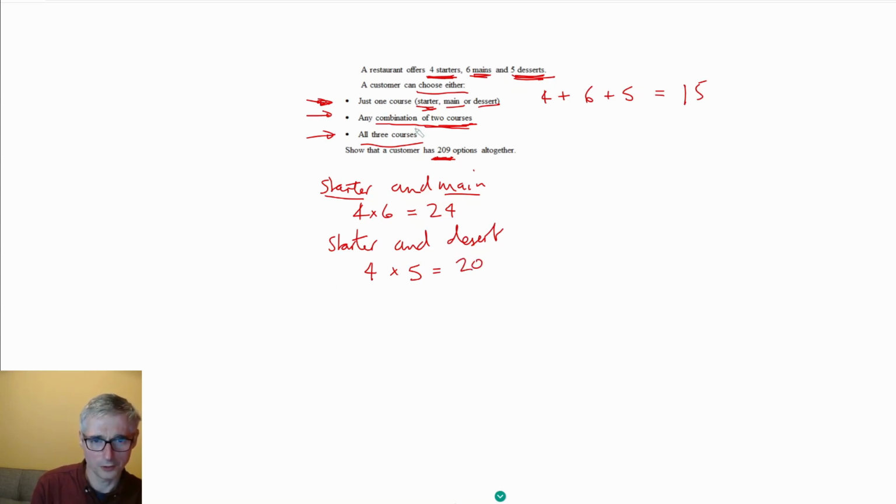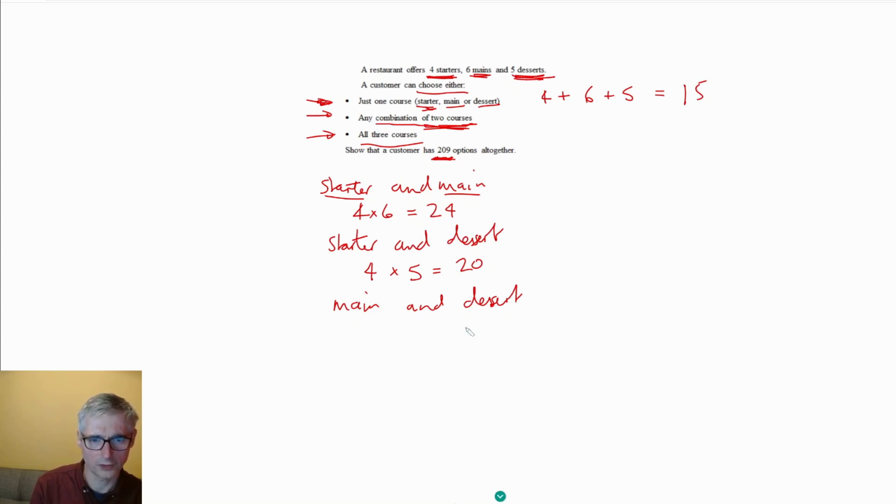And the only other way we could have 2 courses would be to have a main and dessert. So I realise I've spelt dessert wrong there, 2 S's in dessert. So that's a desert, isn't it, with 1 S. So main and dessert.